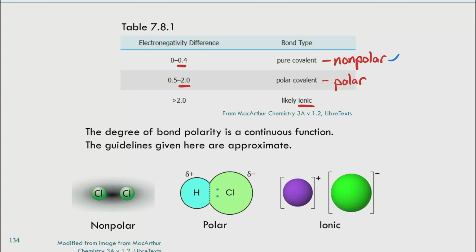And we've got a couple of special cases that are always going to be nonpolar and a couple that we expect to be ionic. For nonpolar, anything that's, for example, F2, N2, O2, etc., if it's something bonded to itself, they're going to have the same electronegativity value. So our difference between those two is going to be 0, so that's always going to be nonpolar. We don't have to know what the electronegativity value is.